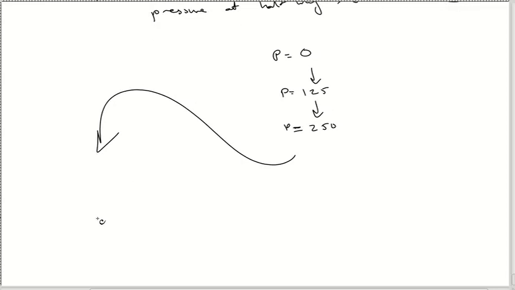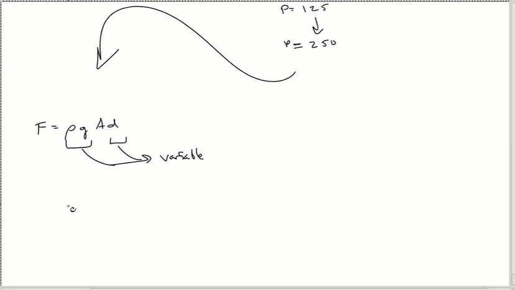So yes, it's easy to see force. That's what we're looking for. Hydrostatic force is rho, g, A, d, that kind of thing. But my pressure part, I guess you can say this side, is going to be variable. And because the density and gravity are not variable in particular, it'll be my d that's a variable.